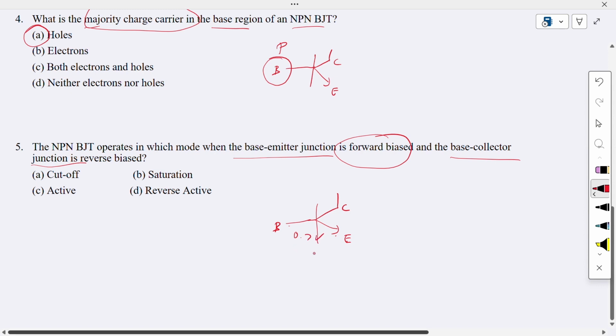That is why it is correct when operating in the active region. Base-collector is reverse biased. If we want to operate in the active region, base-collector must be reverse biased. So the answer is C.